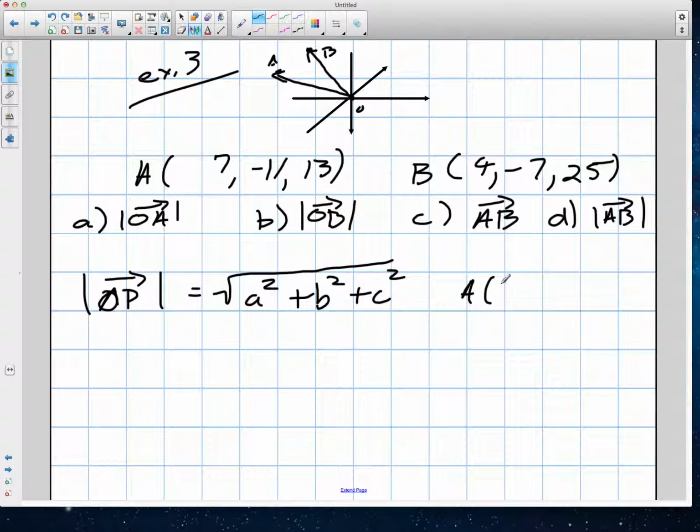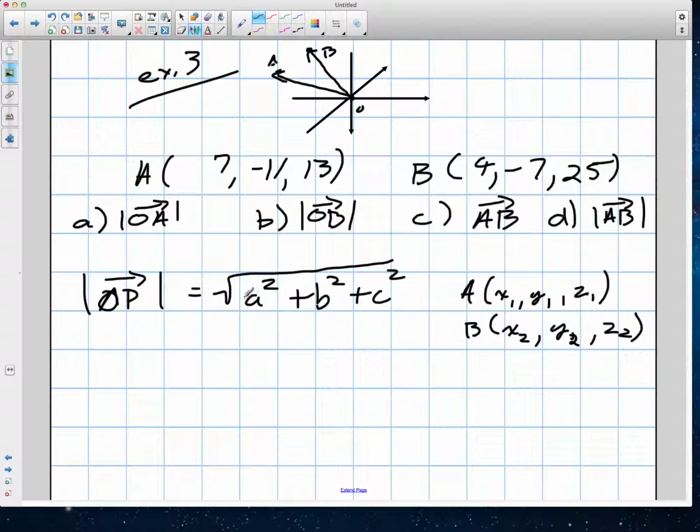We have our point A, which is x1, y1, z1. And let's say we had our point B, which is x2, y2, z2.